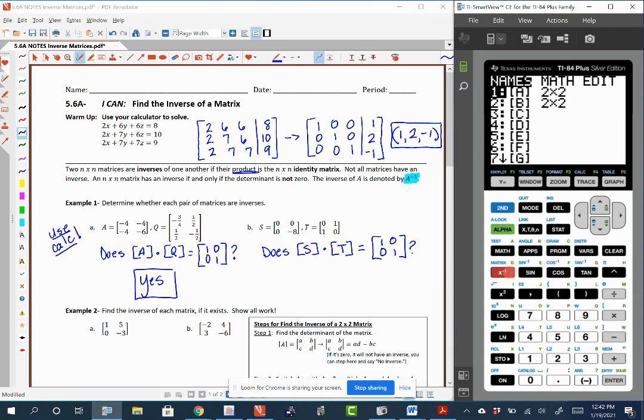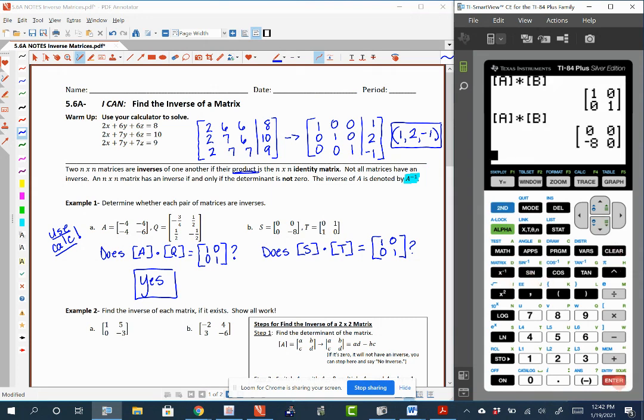I'm going to call matrix A that I've newly edited and multiply that to matrix B. So make sure you arrow down to B. Oh, and this time we do not get the identity matrix. So in this case, no, these cannot be inverses of each other, because when we multiplied them, we did not get the identity matrix.